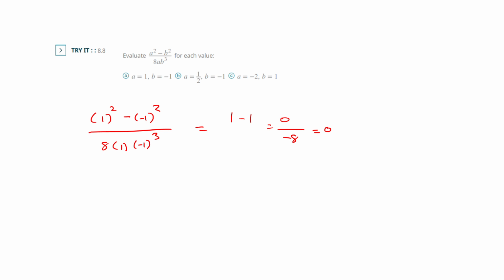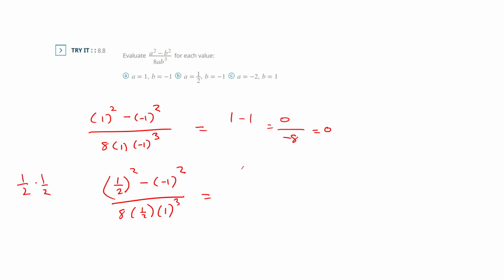Let me see if anything interesting is going to happen here. I'll do b here with the fraction, just in case you're having trouble with fractions. All right, you square a fraction, it means you're multiplying it by itself.